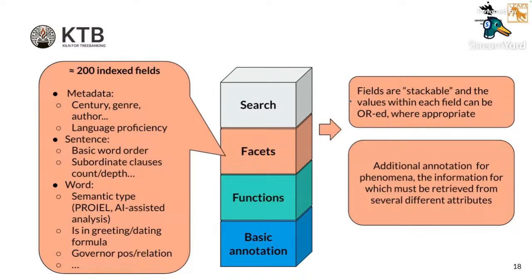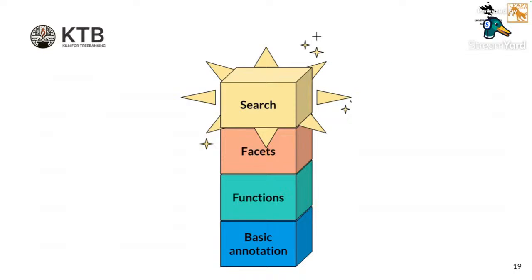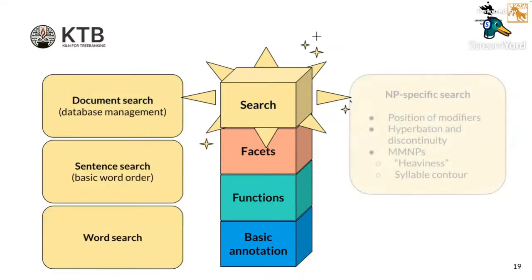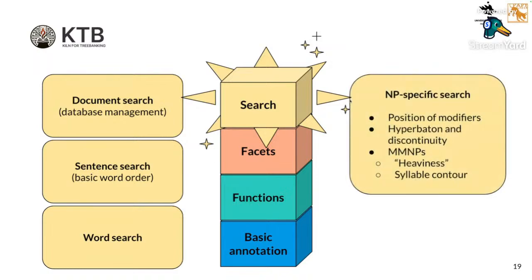combinations. And as I mentioned, you can find and explore phenomena that otherwise would be super verbose to describe in other query engines. But here I have done the work for you. And I have in the official version of KTB 4 levels of this search.